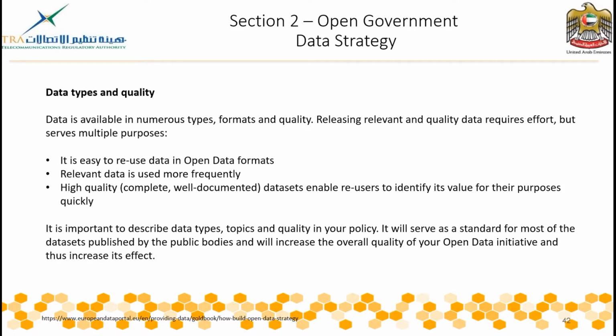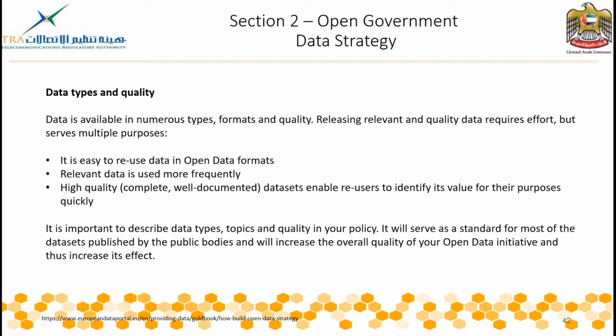The fourth topic is data types and quality. Data is available in numerous types, formats, and quality. Releasing relevant and quality data requires effort, but serves multiple purposes. It is easy to reuse data in open data formats. Relevant data is used more frequently, and high quality, which is complete and well-documented datasets, enable reusers to identify its value for their purposes quickly.